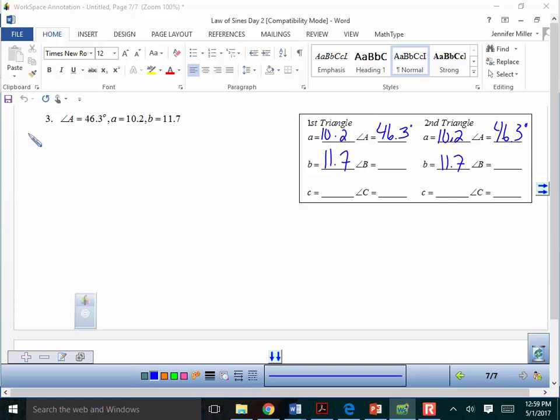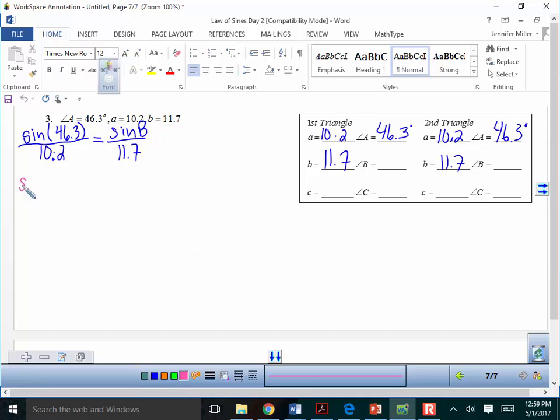Okay, so then we'd have the sine of 46.3 divided by 10.2, and that's a 10.2, not a 10 times 2, is equal to the sine of B divided by 11.7. We'd cross multiply and solve for B, and we end up getting the sine of B is equal to 11.7 times the sine of 46.3 divided by 10.2.